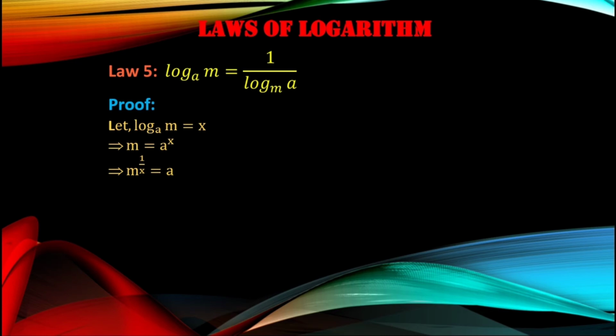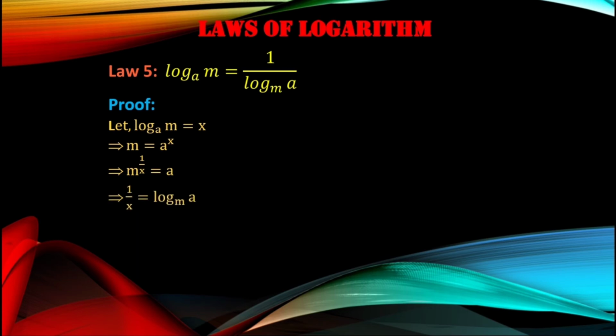We can say that 4 to the power of half equals 2, which means 4 is equal to 2 to the power of 2, and the 2 and 1 by 2 cancel, so both the left hand side and the right hand side remain 2. This is also a part of the exponential laws. So m equals a to the power x implies m to the power 1 by x equals a.